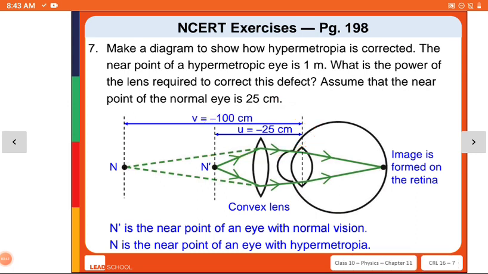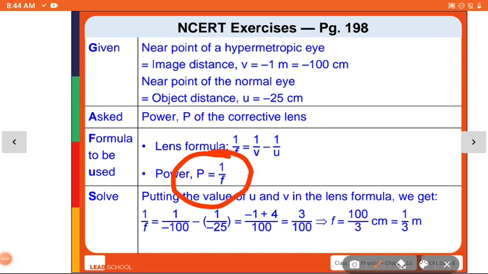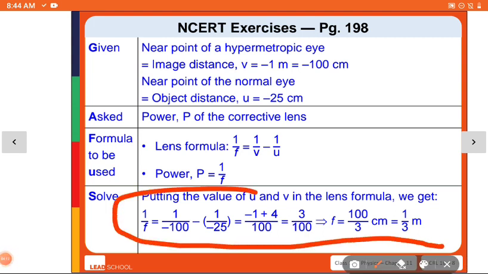How do we calculate the focal length? We know that the lens formula to calculate the focal length is 1 upon f is equal to 1 upon v minus 1 upon u, meaning distance of image minus distance of object, and the power formula is 1 upon f. After putting the values in the lens formula and calculating, we got the focal length as 1 upon 3 meter.